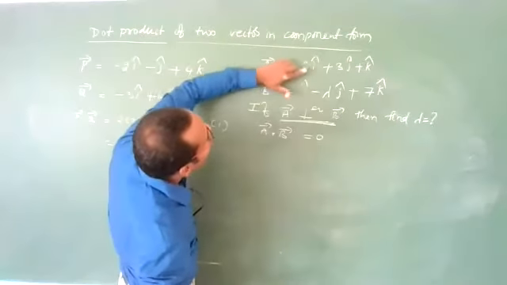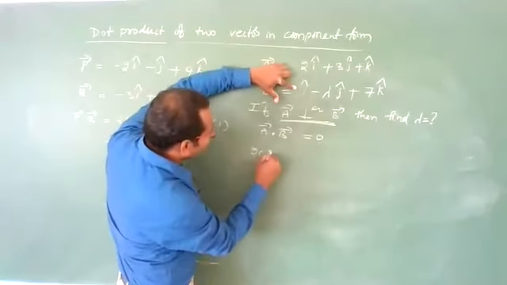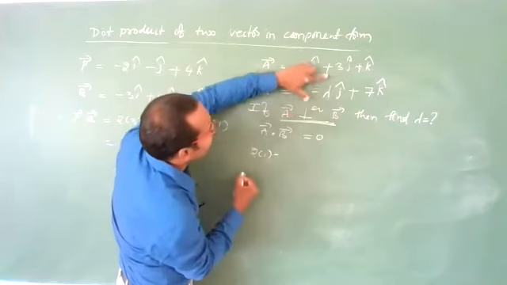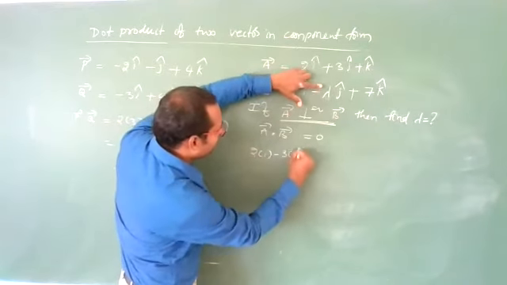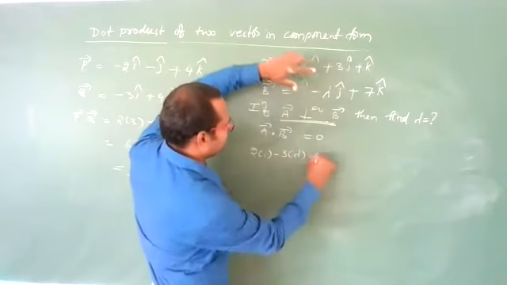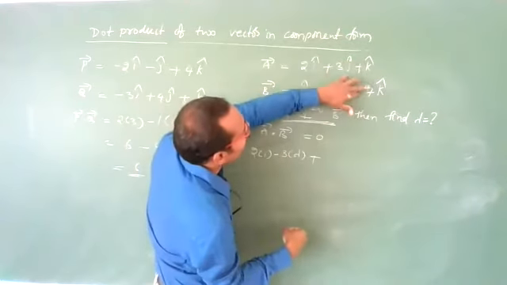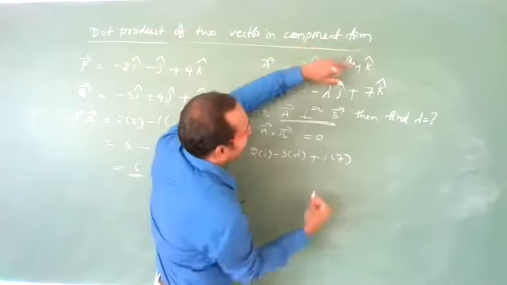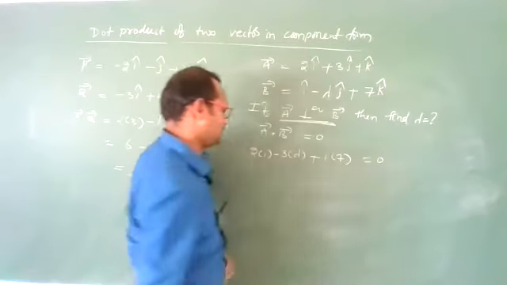Here the i cap coefficient: 2 into 1. Plus into minus, minus 3 into lambda. Plus into plus, plus 1 into 7, should be equal to 0.